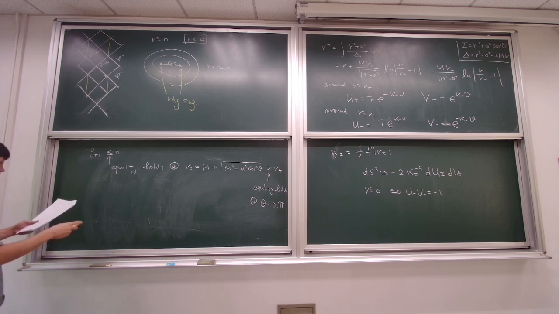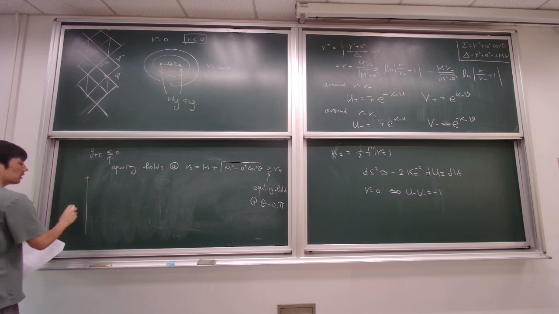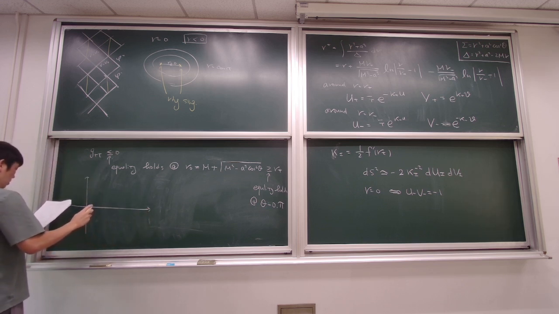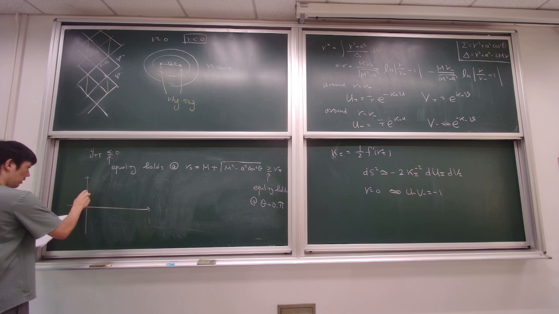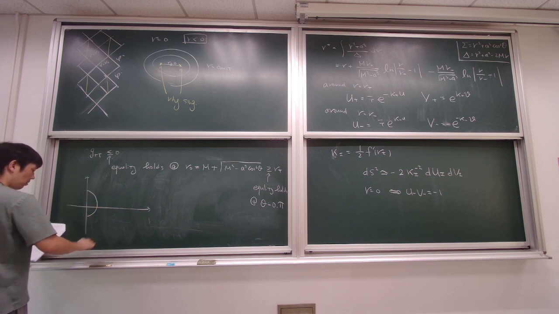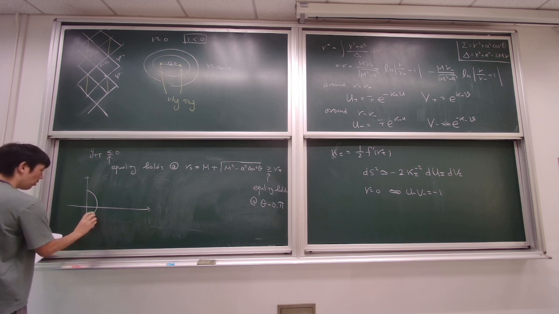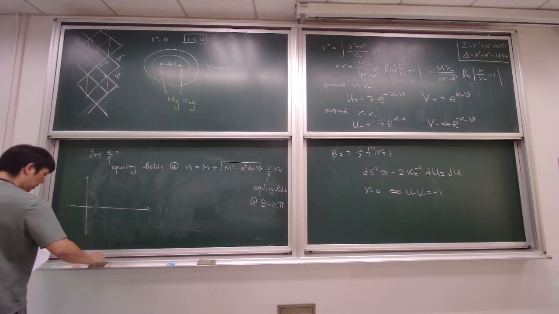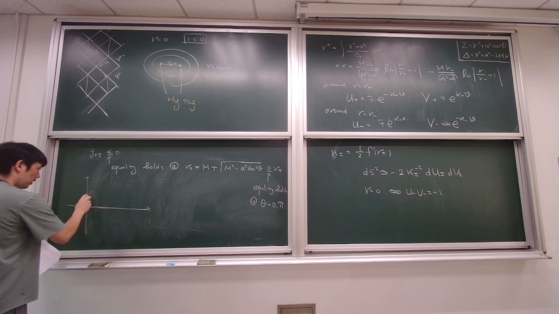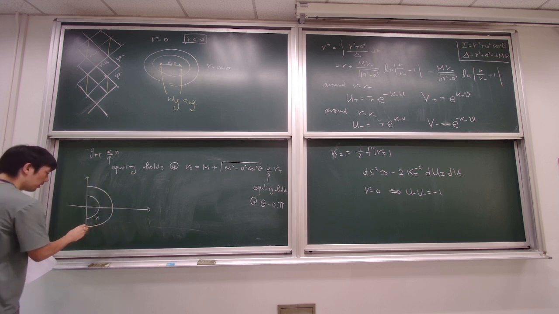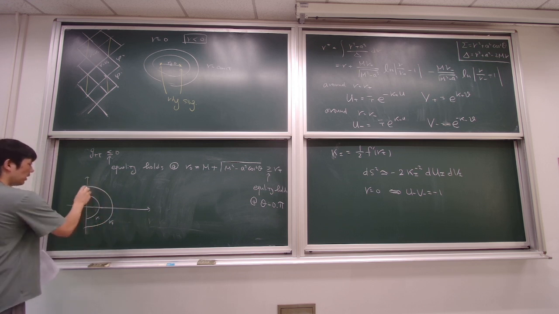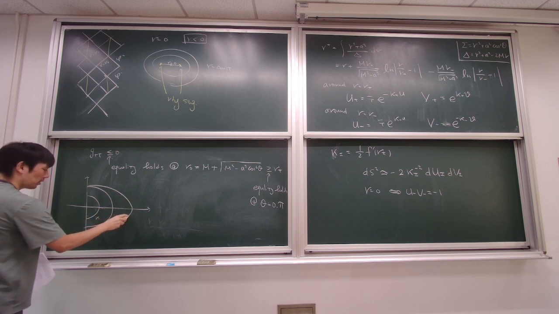If you just look at it as I mentioned last time, here you have r equal to r_minus, the inner horizon, and r equal to r_plus, the outer horizon, and the ergosphere is something like this way.